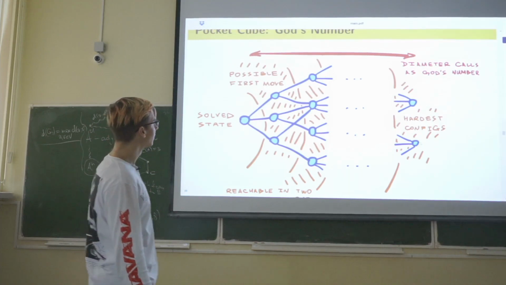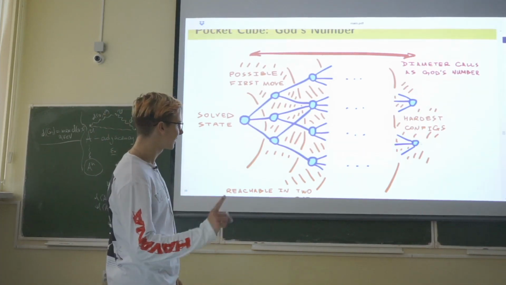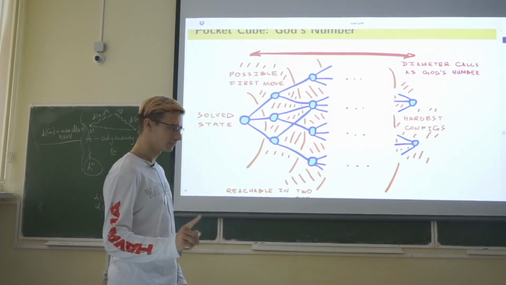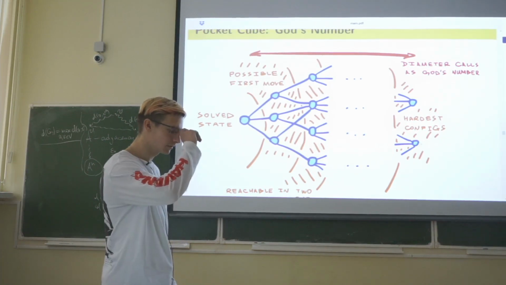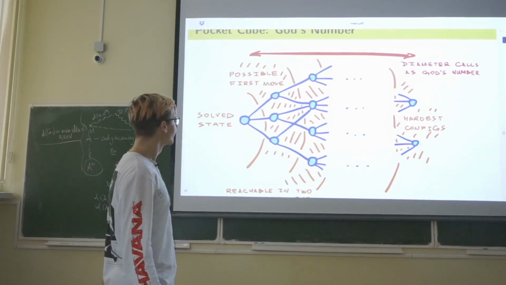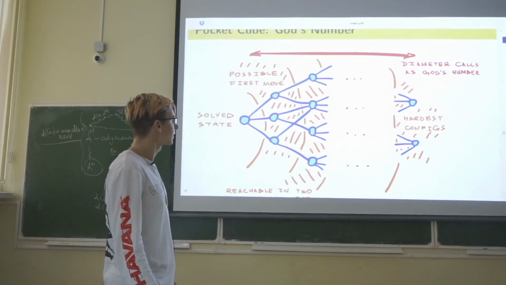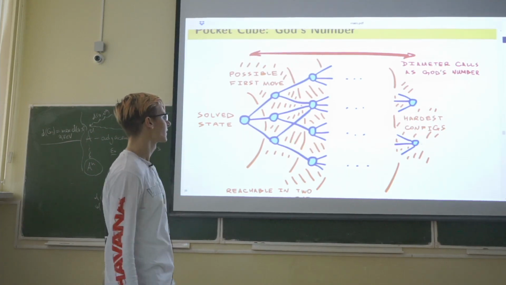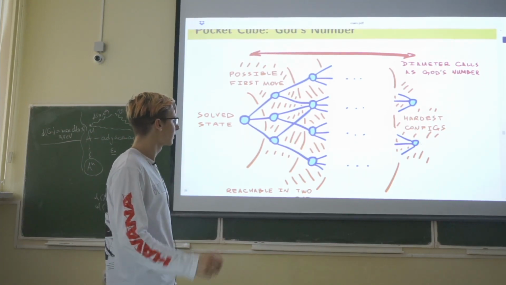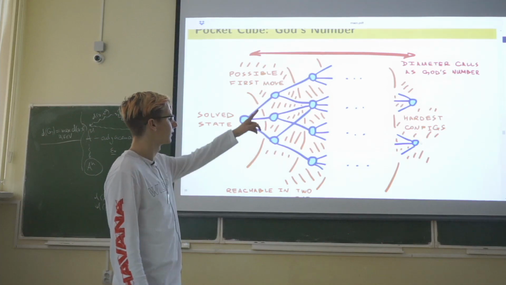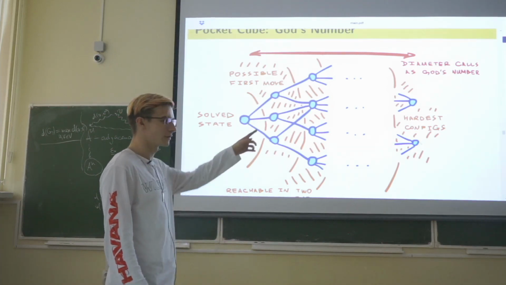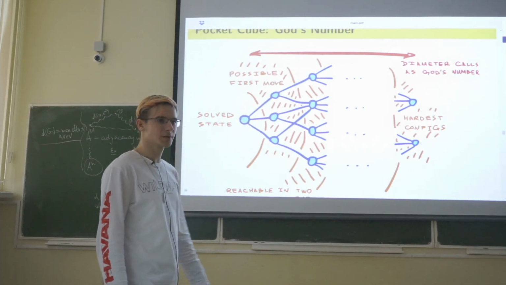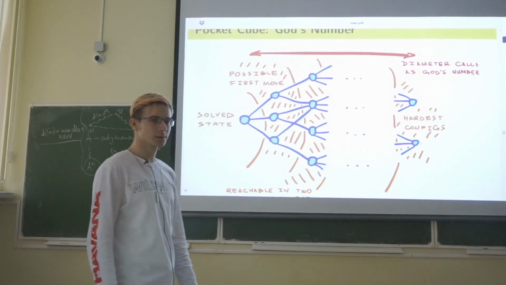But now, 5 years ago, there was an article that made a point on God's number, or the diameter of this graph for the Rubik's cube. It's equal to 12.